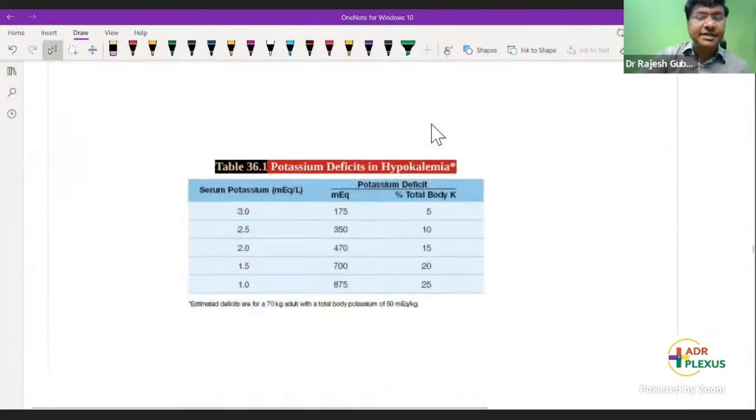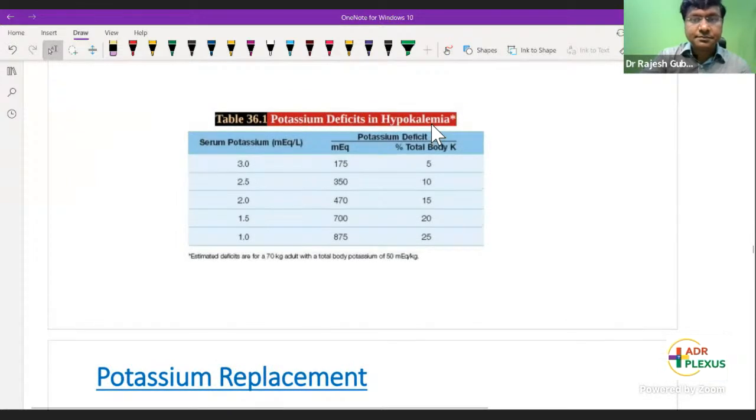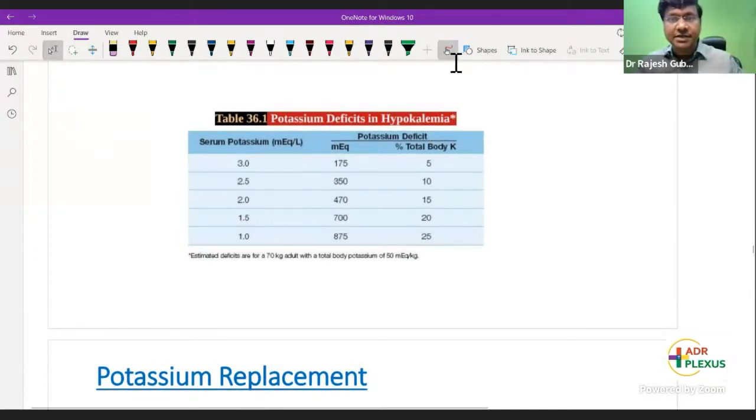How is the replacement being done? Okay, yes, this is the table which you need to know. Yes, Harish, I'm explaining you this. That is why I have come to this table. Now you see, if the serum potassium is 3, the potassium deficit is around 175 milliequivalents.